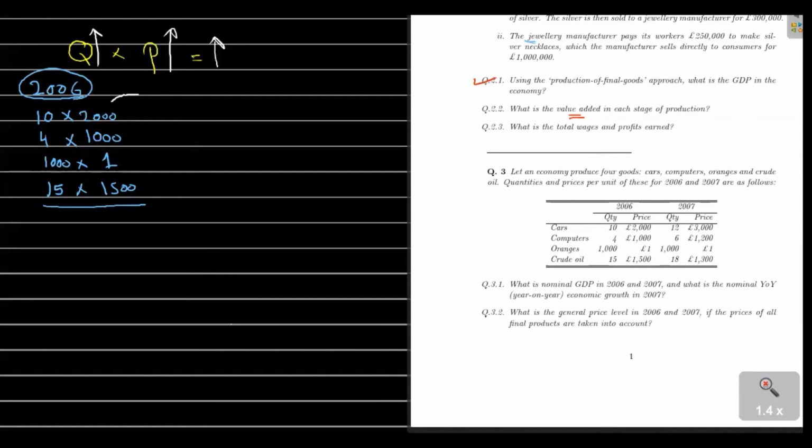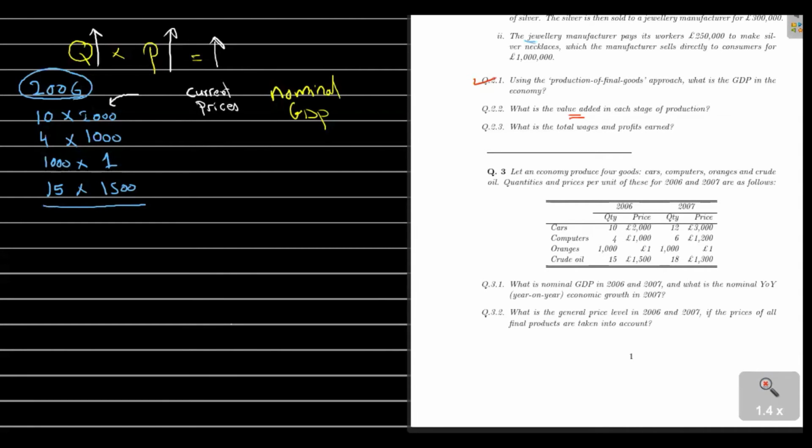Okay, so when you sum these together, this should give us... because we use the prices from 2006, these are called current prices, which means that what we have here is the nominal GDP. Okay, why? Because we're using current prices.